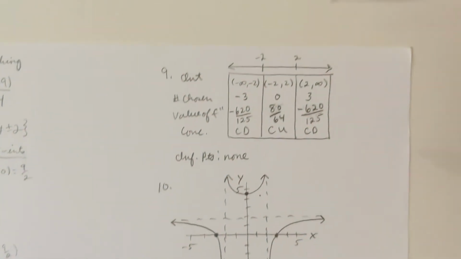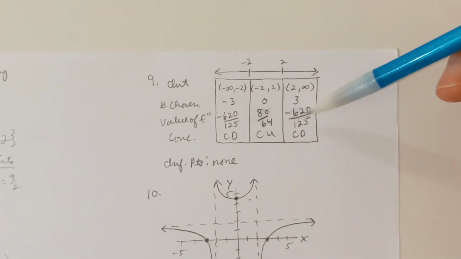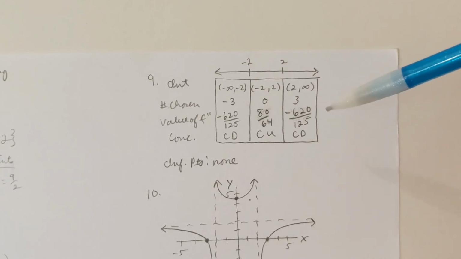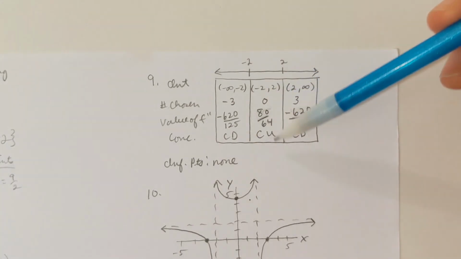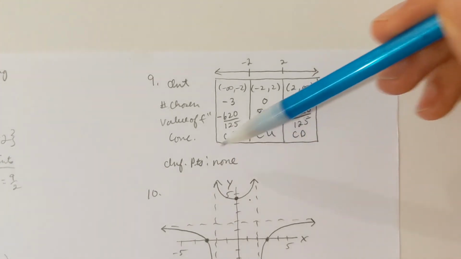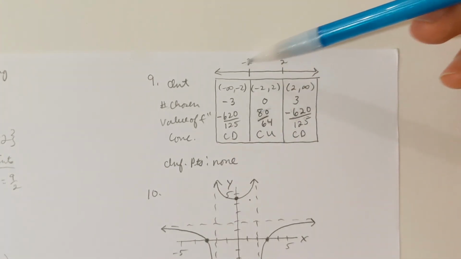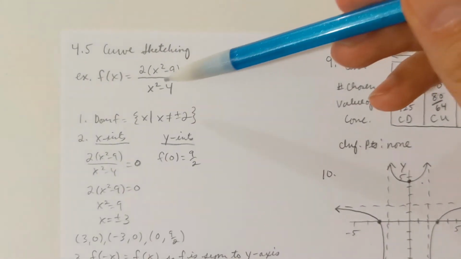Negative 3 squared is the same as 3 squared. So I'm going to get the same negative 620 over 125, which means that I'm concave down again. Now I switch concavity twice, but there are no inflection points, because 2 and negative 2 are not in the domain of the function.